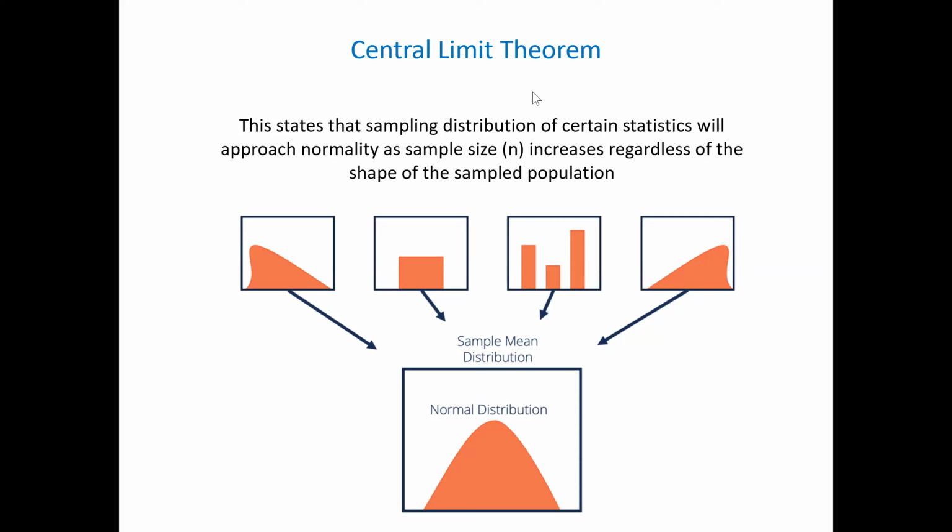And that is where the central limit theorem is going. It is saying that whether anything is numerical or non-numerical, their statistics will begin to follow a normal distribution. Their sampling distribution.